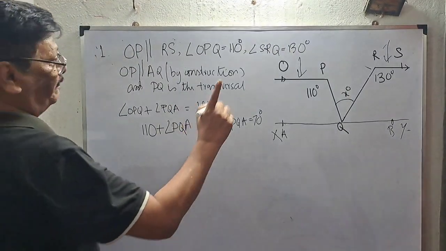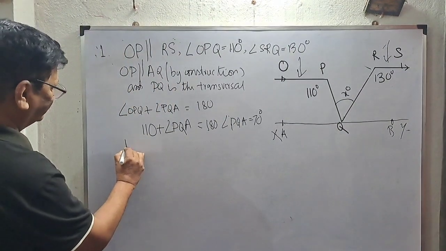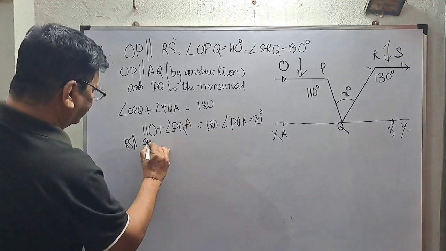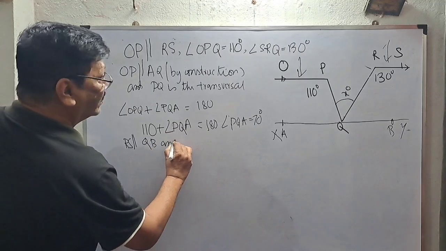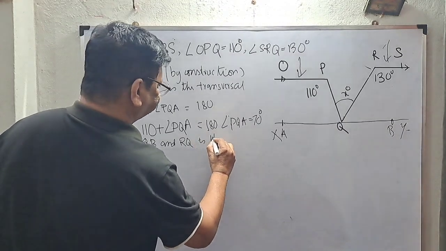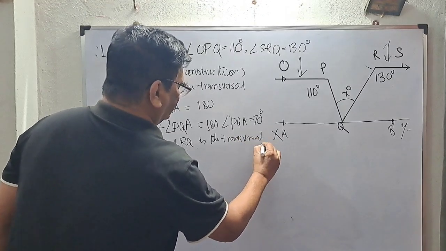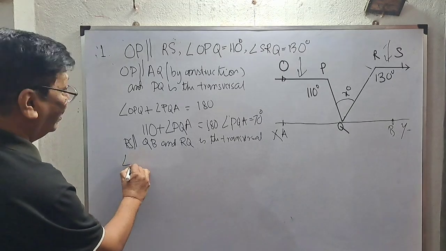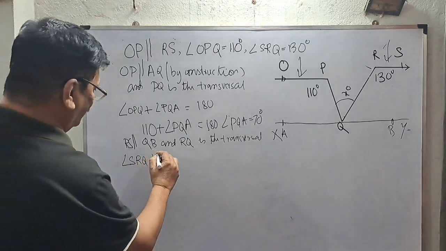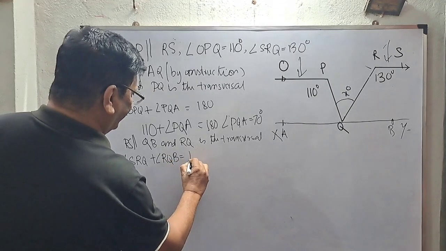Correct. Now we apply the same rule on the right hand side, right? In that case you can say RS is parallel to QB and RQ is the transversal. If that is so, we can write that angle SRQ plus angle RQB is equal to 180 degree.